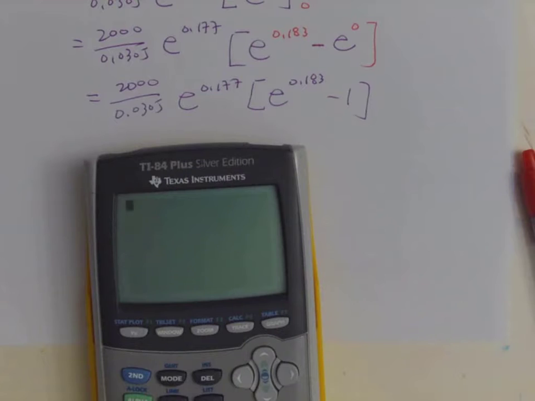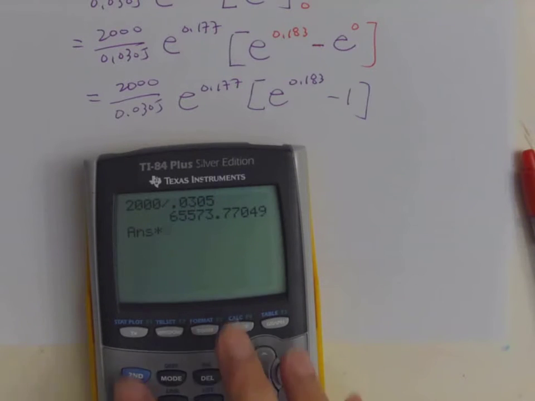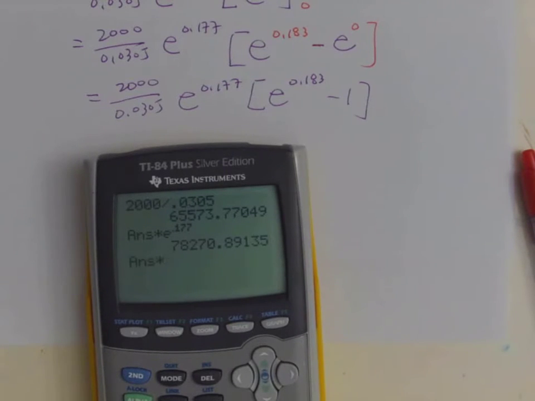So use your calculator. 2000 divided by 0.0305, hit enter, times e raised to 0.177 times parenthesis e raised to 0.183, move it to the side, minus 1, close it.